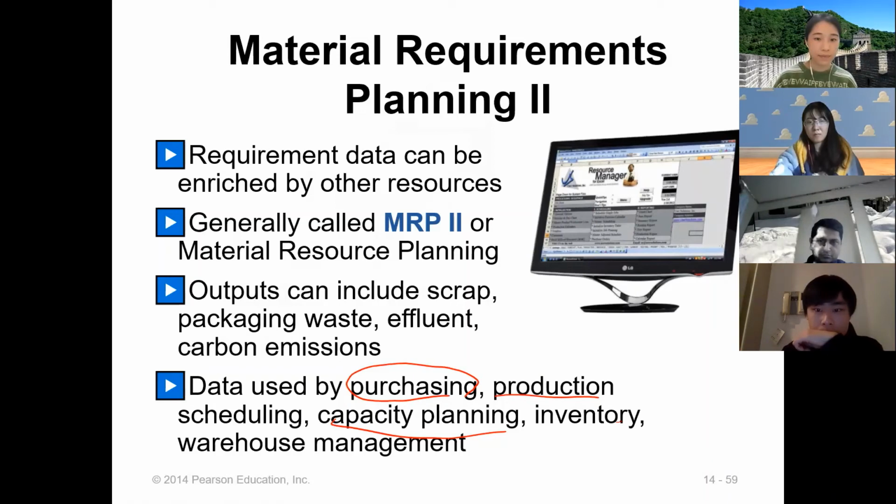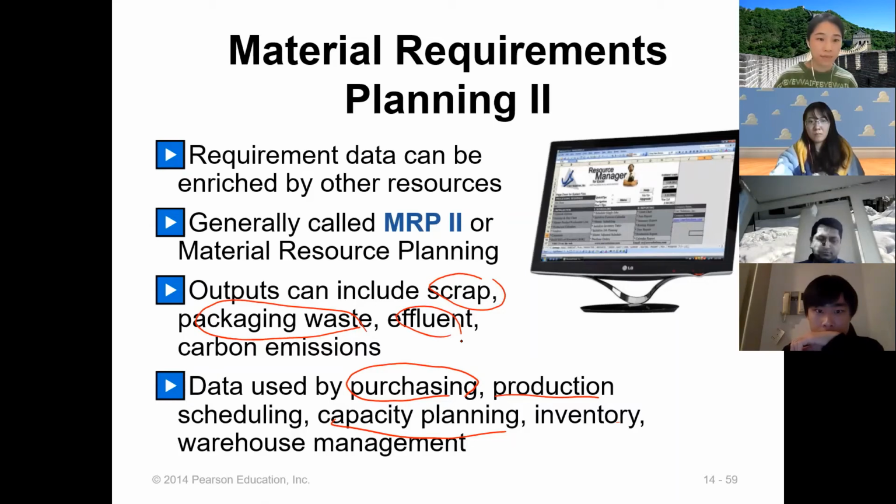And not only is the output just product, it can include scrap, it can include packaging waste and so on. So it's generally called material resource planning. MRP, material resource planning, because it considers all the resources, even though it says material requirements planning.